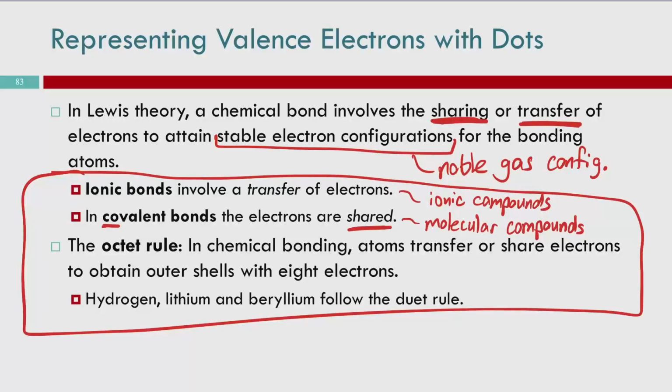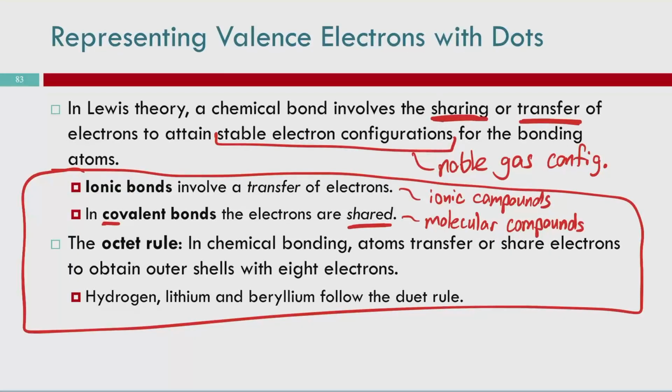Skipping over to the boron group, 3A, carbon 4A, nitrogen 5A, oxygen 6A, fluorine 7A, helium 8A. Each of those columns has that number of valence electrons. That was our shortcut that we learned last time. We also talked about where we got that from, our electron configurations. And that's how we figure out how many dots that we have.